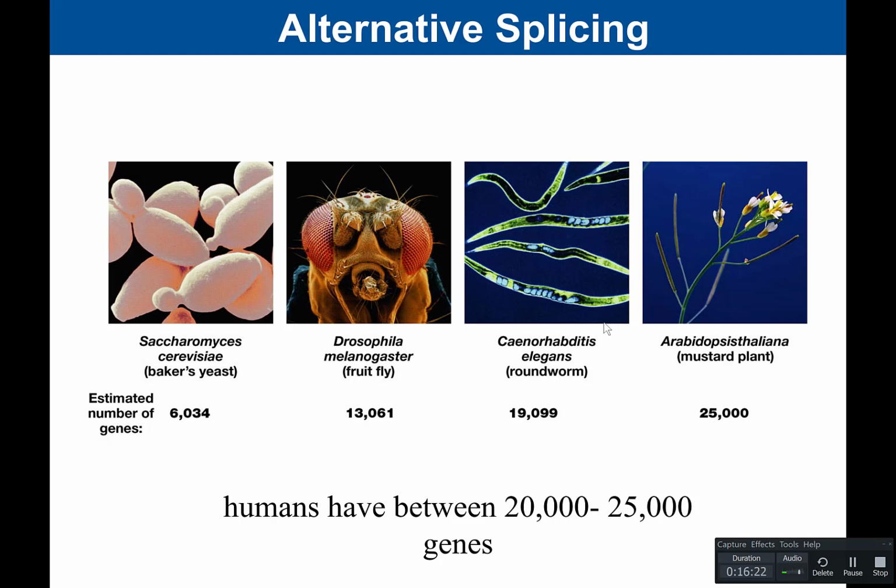We can take a limited number of genes but still produce a wide variety of proteins because of alternative splicing. A good example of where alternative splicing is used a lot is the production of antibodies. Antibodies are produced by what we call VDJ rearrangement.